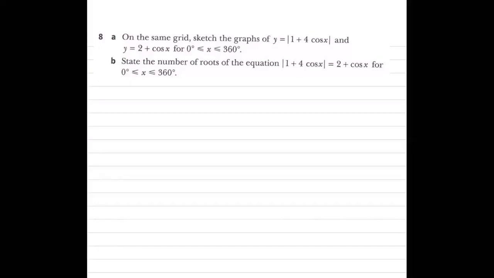Sir, I've drawn the 2 plus cosines. I'm a bit confused on the first one.